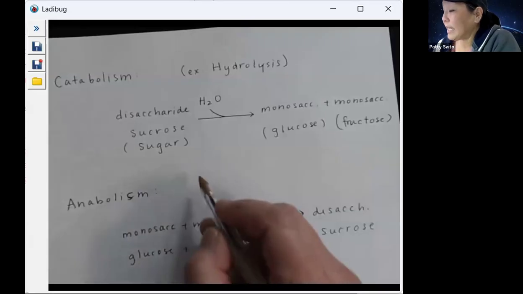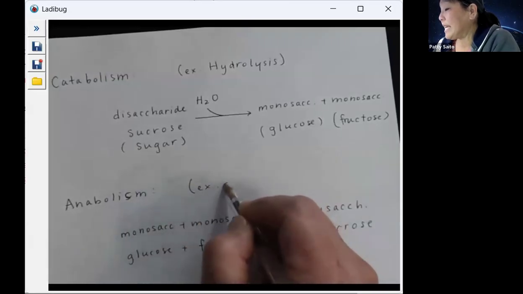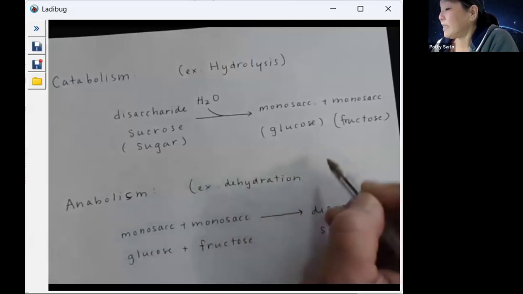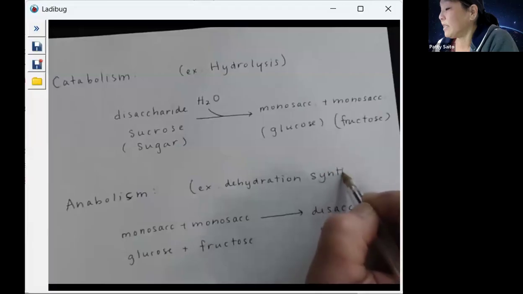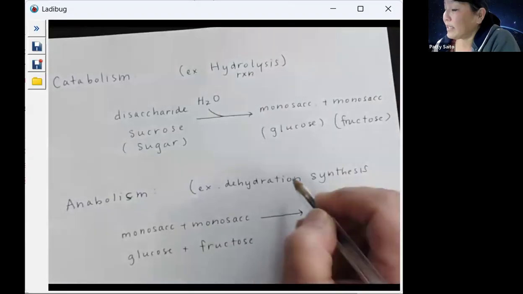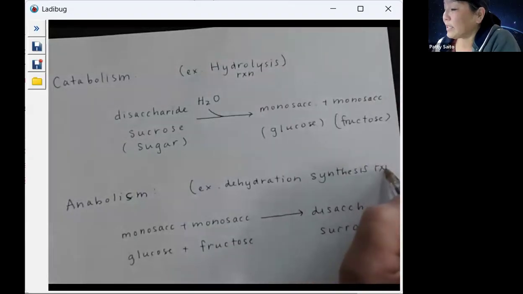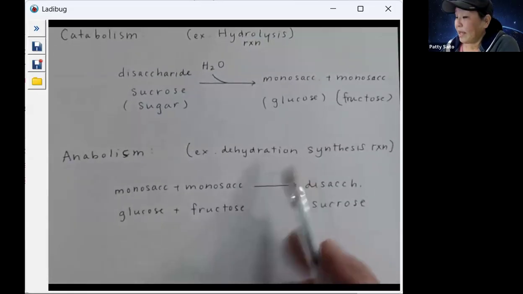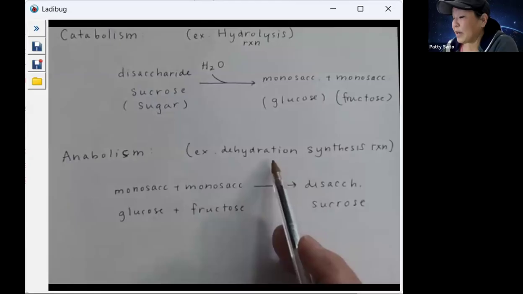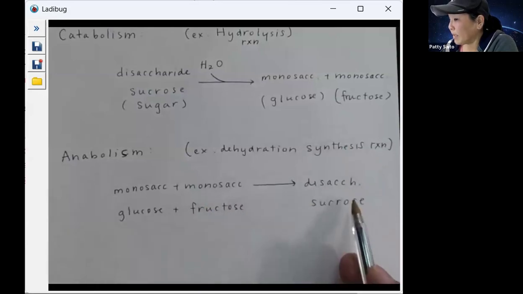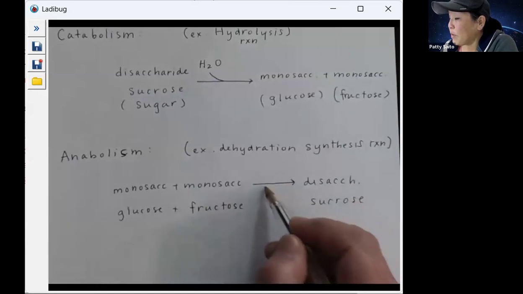Now this is an example of a dehydration synthesis reaction. So this is a hydrolysis reaction, and this is a dehydration synthesis reaction. RXN means reaction. Let's look at the term dehydration synthesis: we build a bigger molecule by removing water.